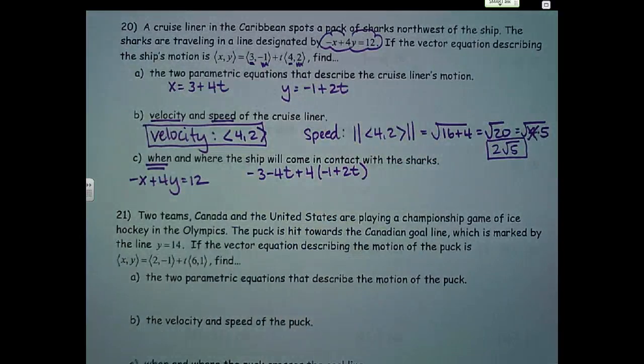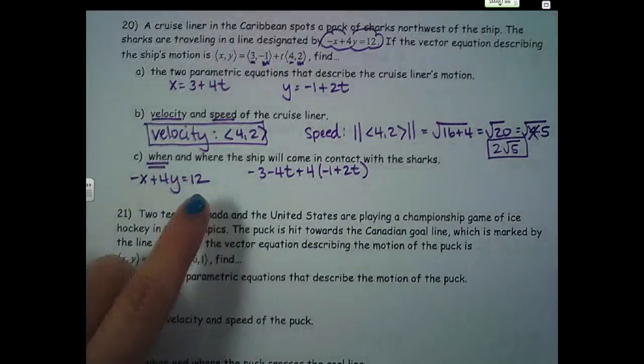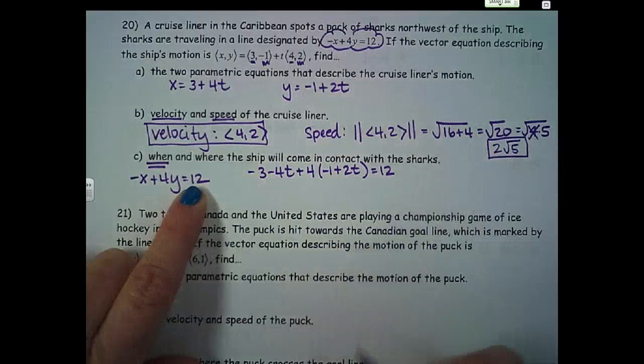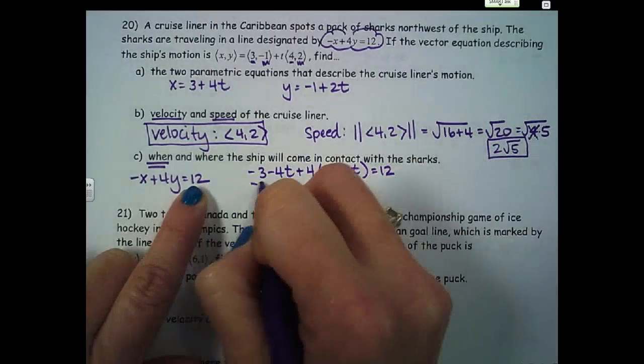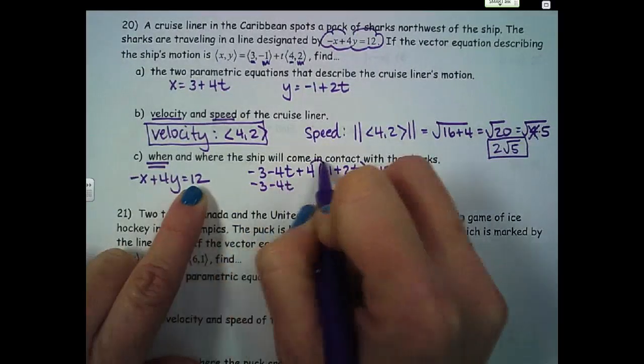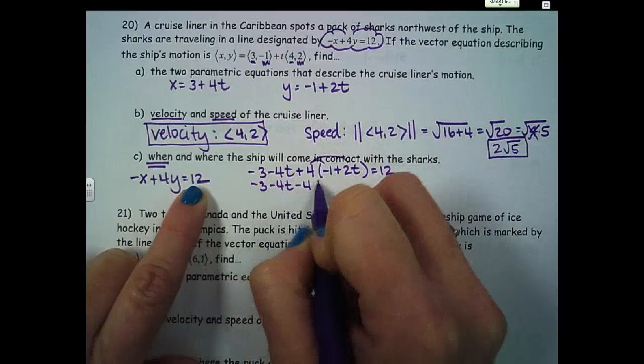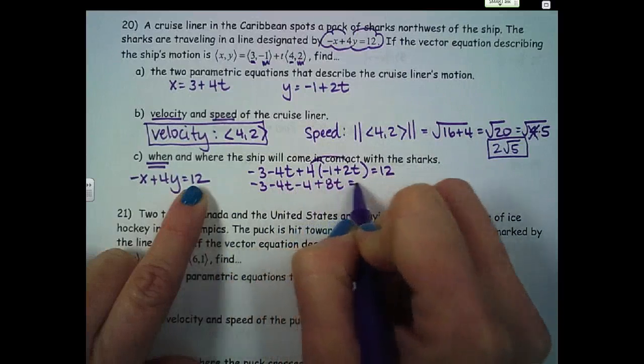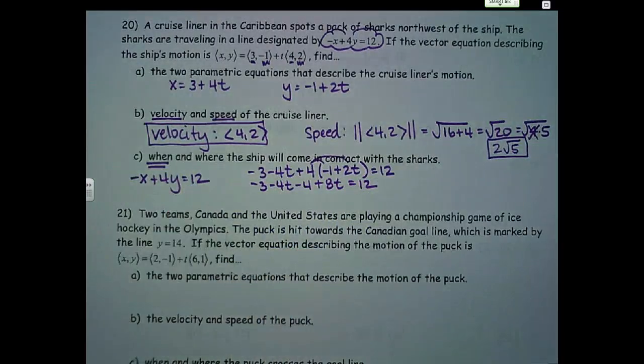You'll notice now the only variable that exists is time, because that's what I'm looking for. I wrote x in terms of time and y in terms of time, and it equals 12. So let's distribute and solve. So -3 minus 4t, I'm going to distribute the 4. So -4 plus 8t equals 12. You distribute the 4.